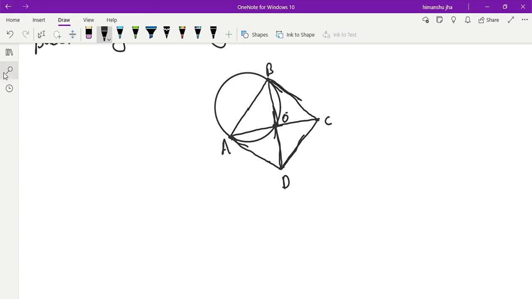Now we will go for the proof. Angle AOB.